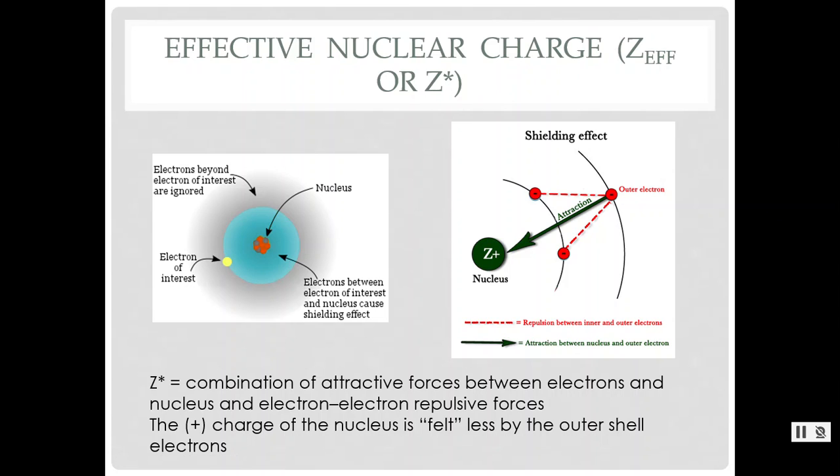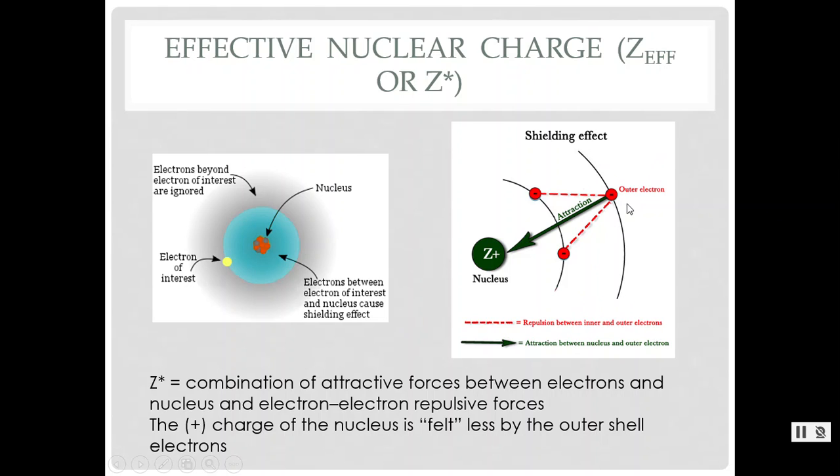This effective nuclear charge can actually be calculated for a particular element. We're not going to do that. MindTap doesn't do that. We're not going to do that in this course. But the effective nuclear charge for an electron is a combination of forces that that particular electron feels in the atom.